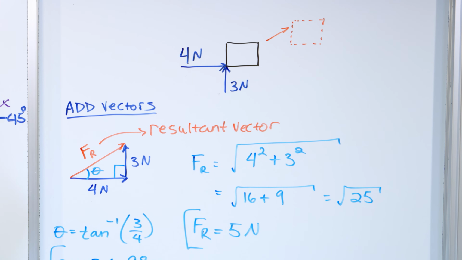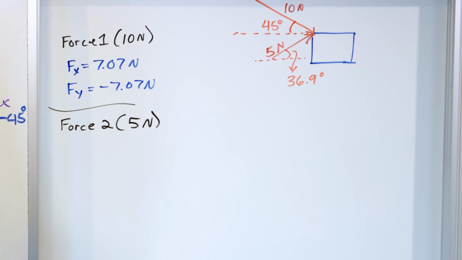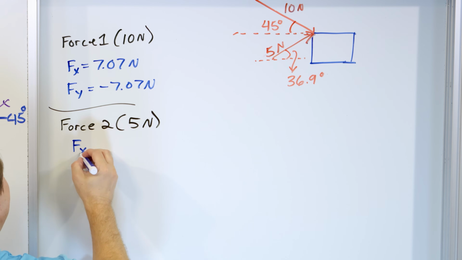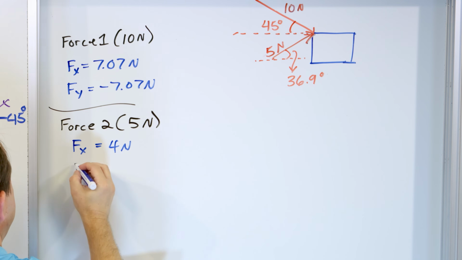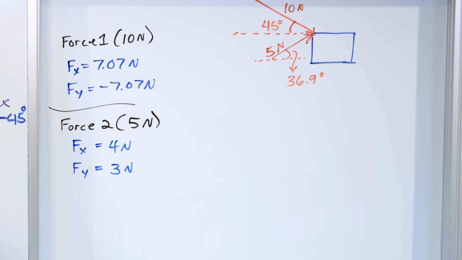And so it forms a right triangle. So when we have 5 newtons acting at this angle, the horizontal one is 4 and the vertical one is positive 3. So this force resolves: the x direction is 4 newtons and the y direction is 3 newtons. So we have the forces broken down into their respective components.